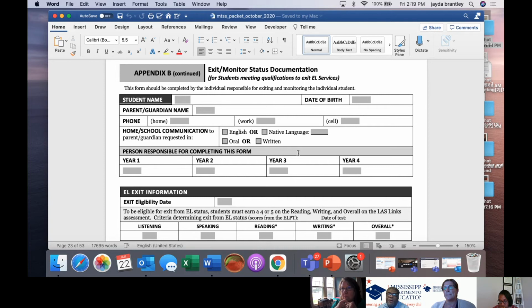It may be where you have tier 2 instruction happening the last 30 minutes of the day on a particular day. But they're going to have to allot some time in your schedule for interventions. They're just going to have to be flexible.